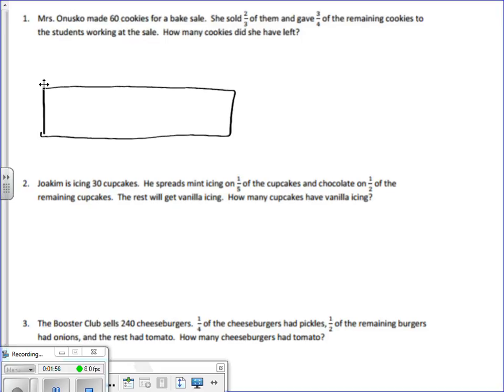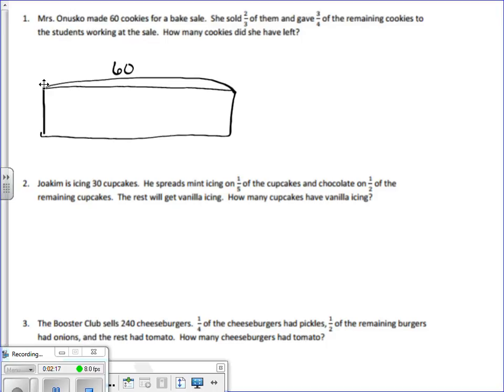So in our tape diagram, she has 60 cookies. Now there's more than one way that we can do this tape diagram. Okay?